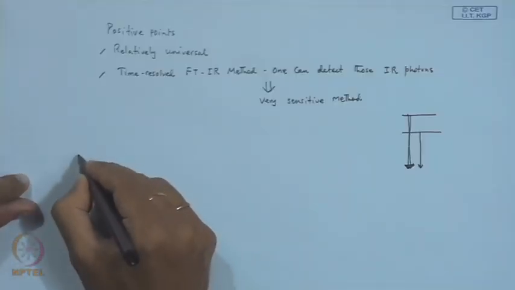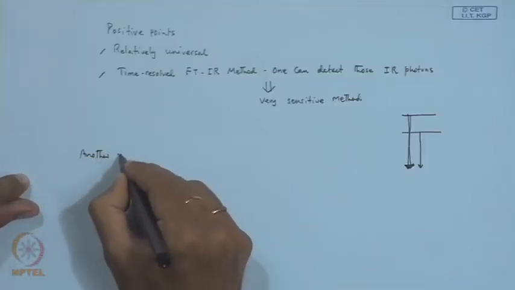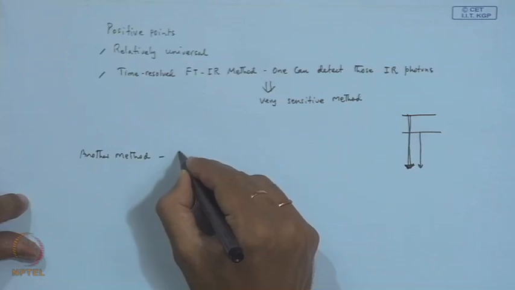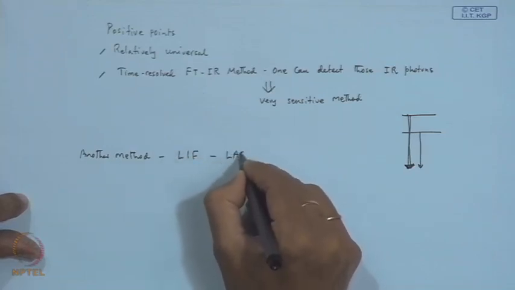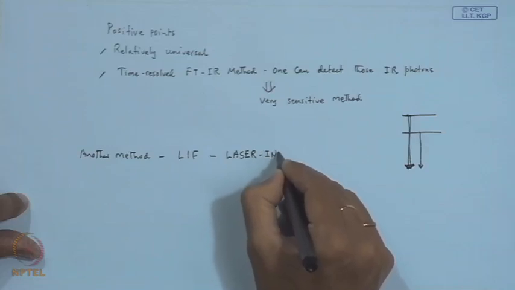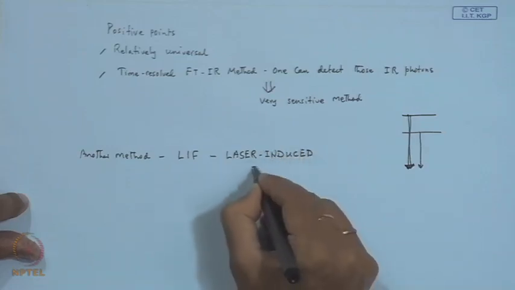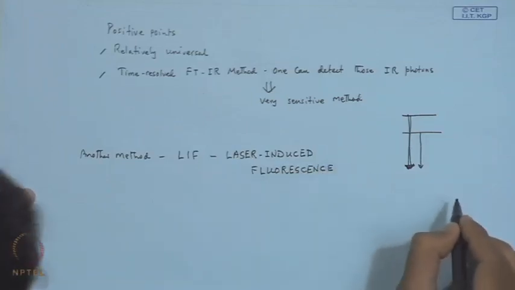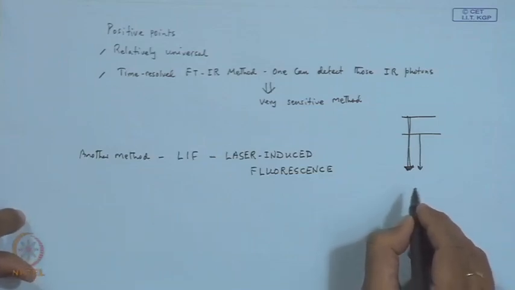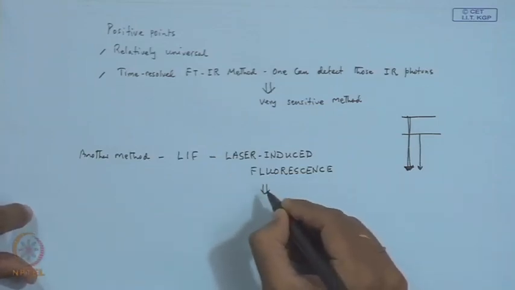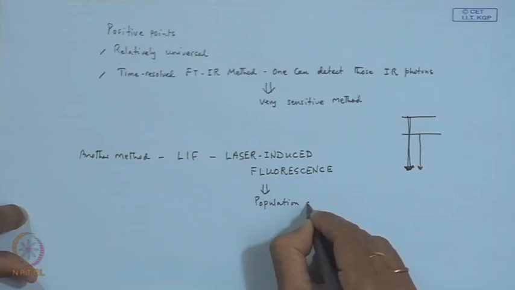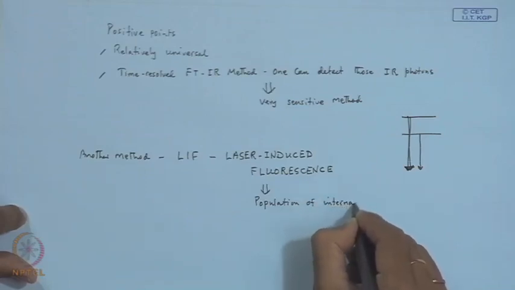Another method is the laser induced fluorescence method, LIF, laser induced fluorescence, to probe into the internal state population, for looking into the internal population of internal states.